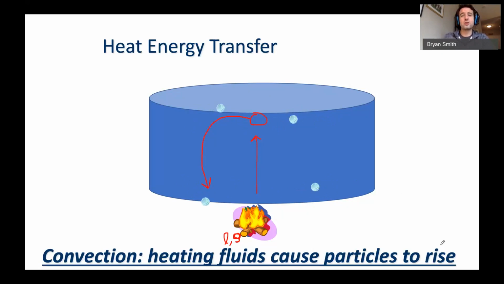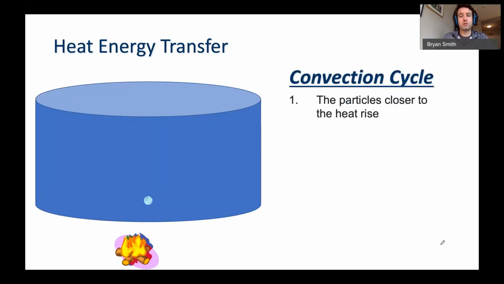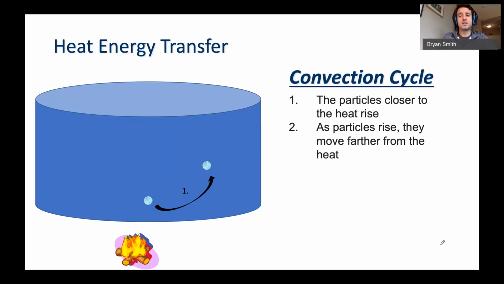Okay, so it turns out that convection has 4 steps. You don't have to write these 4 steps down, but they are helpful. This is called the convection cycle. So the first part is that the particle rises as it gets heated. That's just because its density becomes lower. The second step here is that as it rises, it's going to move further away from the heat. So now you'll notice it's almost at the top here.